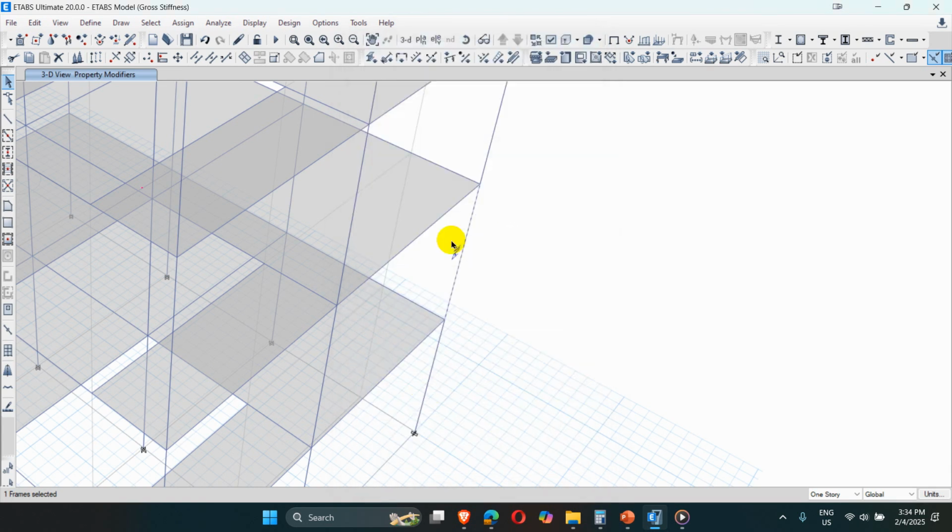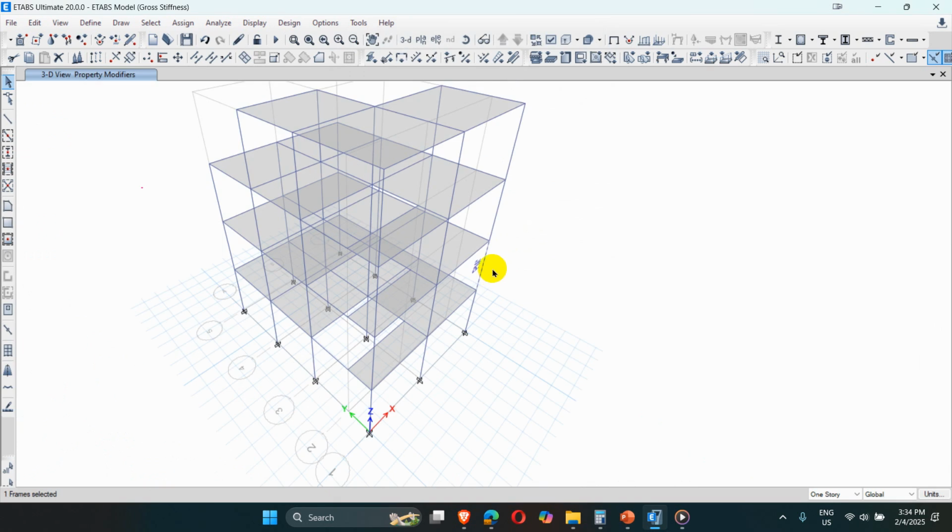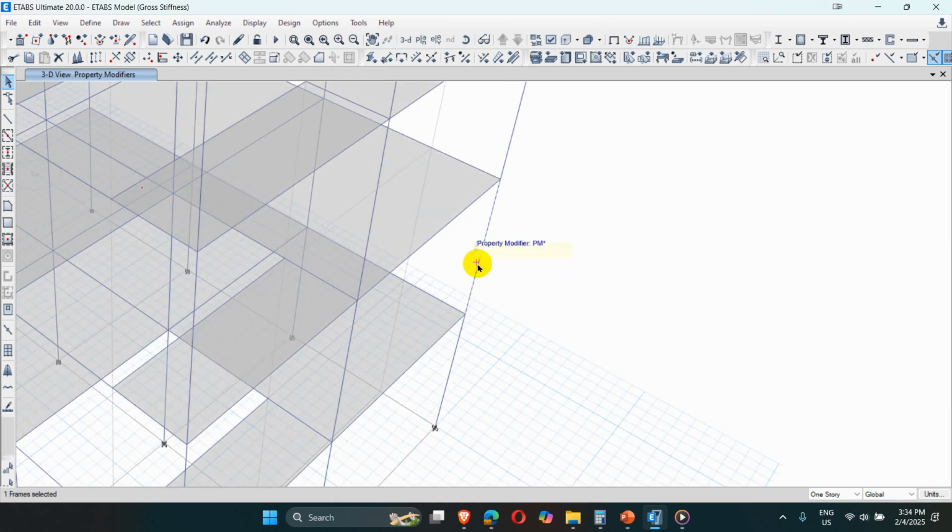So it is better to use the property modifier with this second option, by selecting the frames and assigning the properties. But don't make the mistake of assigning the property while defining the section as well.